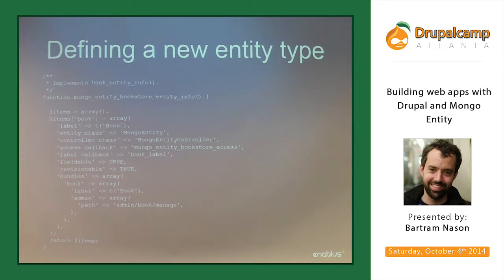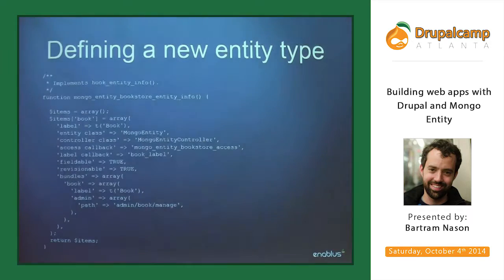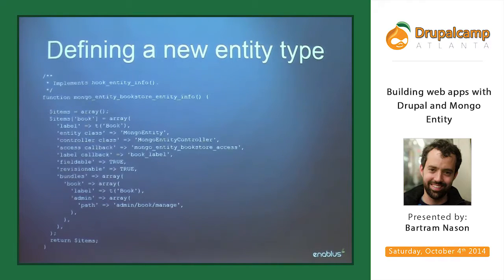So creating a new entity type with Mongo Entity works the same as creating any other entity type. It uses hook_entity_info, and again, you need the Entity API installed. But the things to note here are that once you have the module installed, your entity class is MongoEntity, and then we have a controller called MongoEntityController.